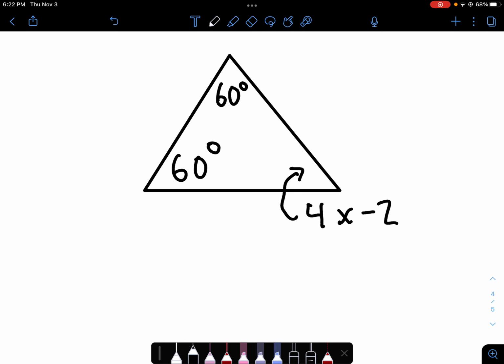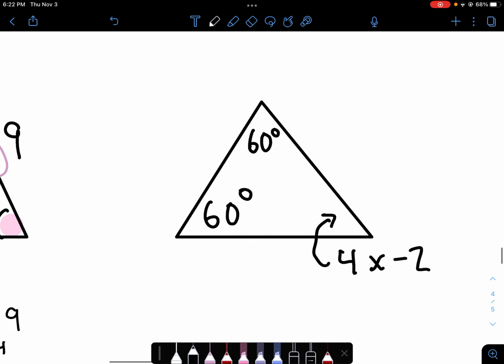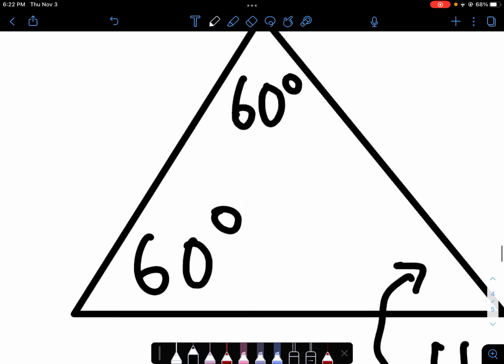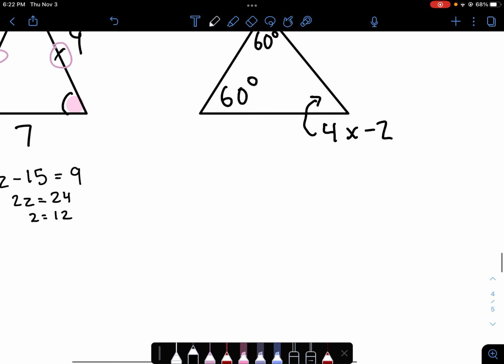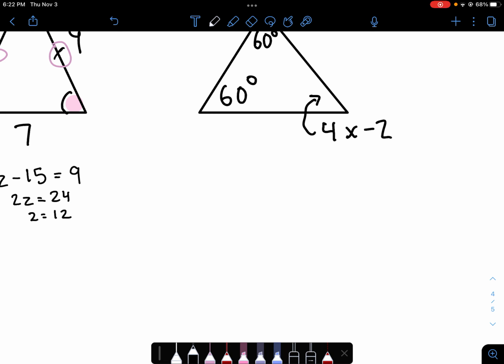So now we see that this is an equilateral triangle because two of the angles are 60. So that's 120 in total. So if you use the sum of angles in a triangle, what does that equal? The last angle also equals 60. So let's solve. 4x minus 2 equals 60. 4x equals 60 plus 2, my bad, 62.